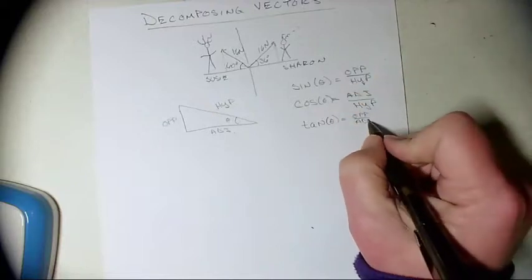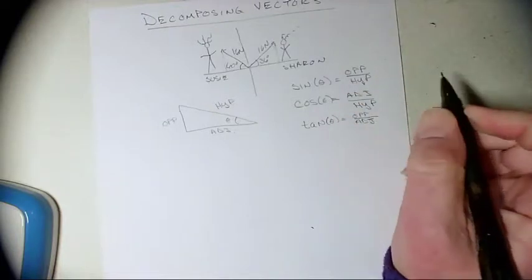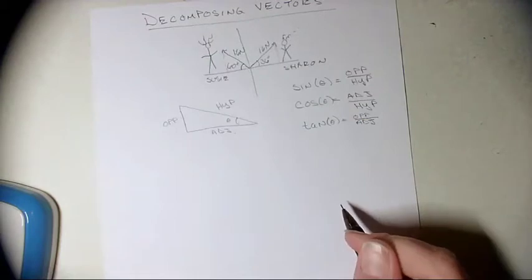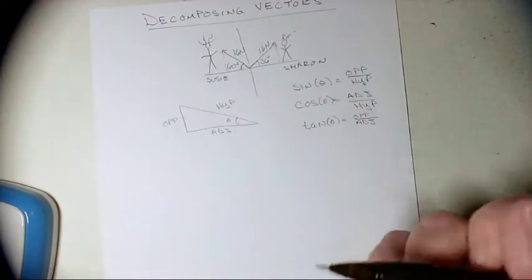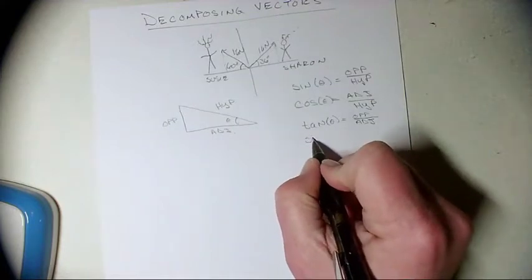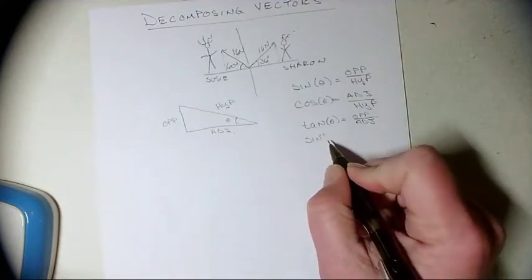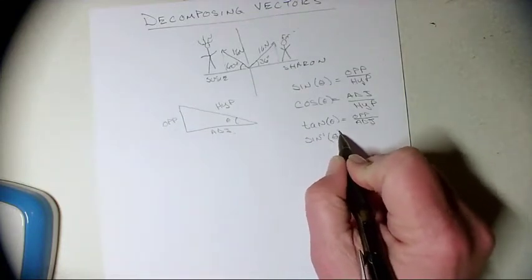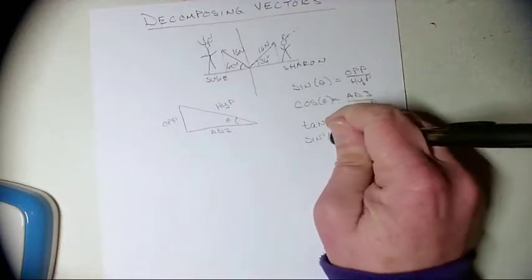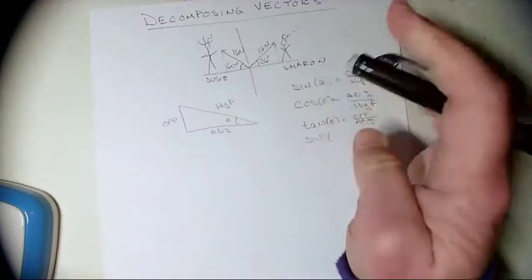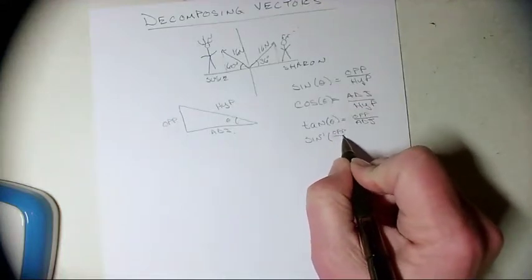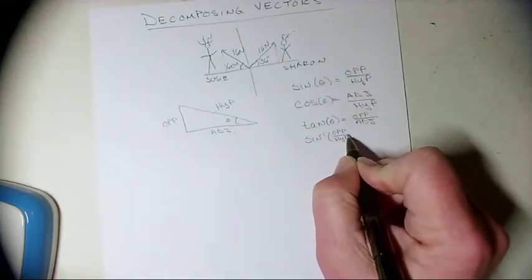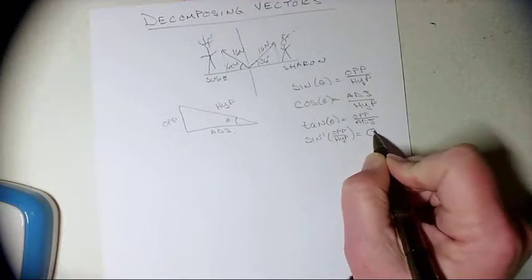Now if I have sides and I want to get an angle, that function is called arc. So an arc sine, not inverse, but arc. Arc sine of opposite over hypotenuse equals that angle theta.